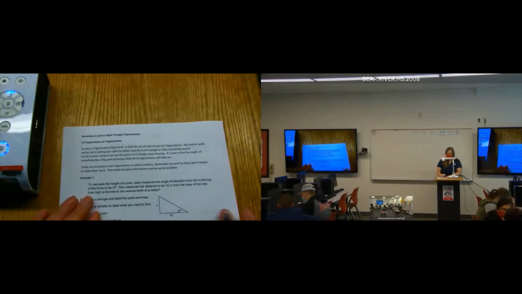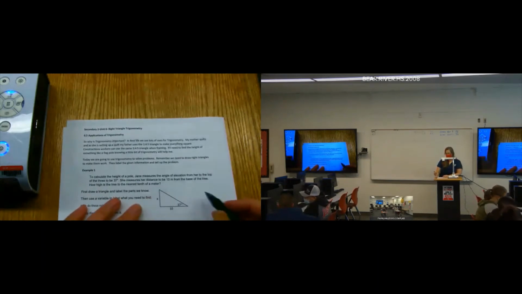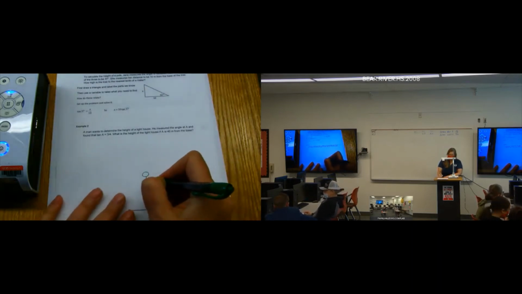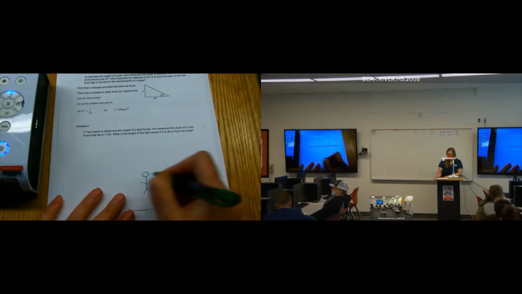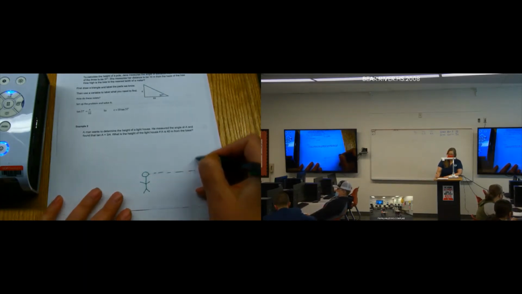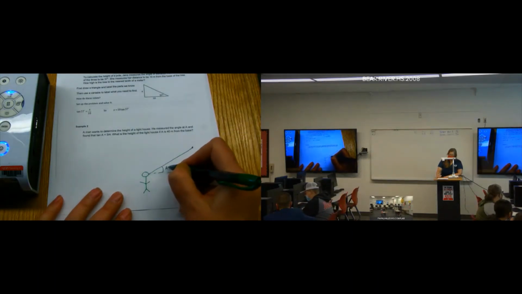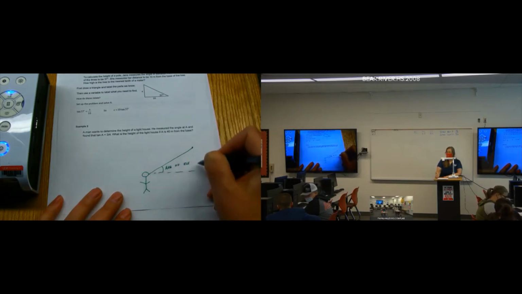It says, to calculate the height of the pole, Jane measures the angle of elevation. Now, that's something we need to talk about. Angles of elevation. If I'm standing here, looking straight out, this is a horizontal line. If I'm looking up, this is an angle of elevation, because it's elevated, going up.